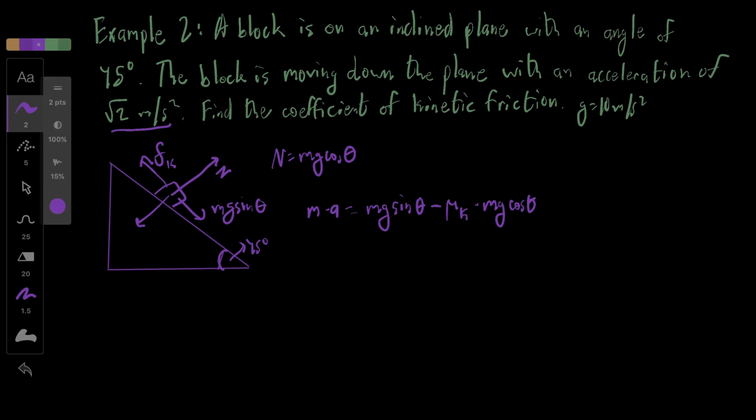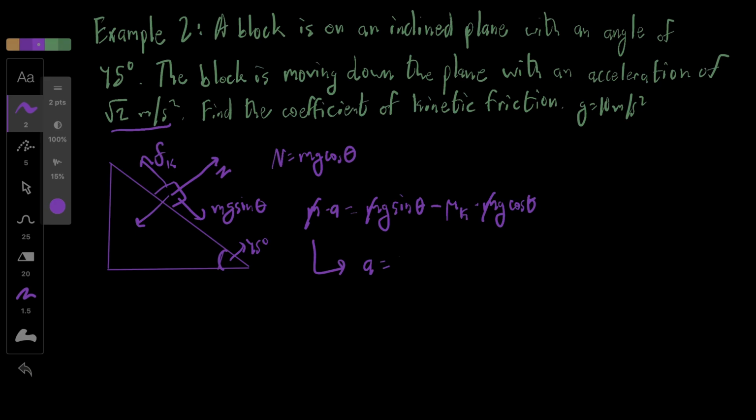So, what we're going to do is isolate everything. First, we can factor out m and divide it out of the equation, so that's not necessary. Then, what we can do is plug in our angle value of sine and cosine, and I think that's going to help us a lot.